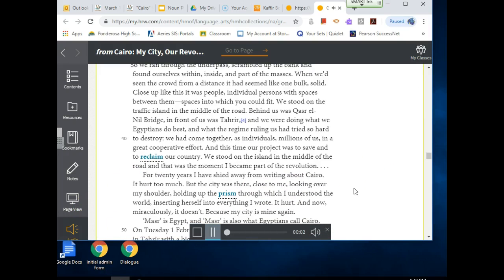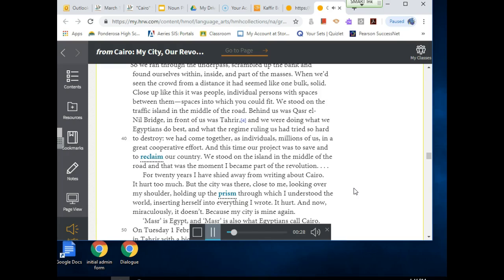So we ran through the underpass, scrambled up the bank, and found ourselves within, inside, and part of the masses. When we'd seen the crowd from a distance, it had seemed like one bulk, solid. Close up like this, it was people, individual persons with spaces between them, spaces into which you could fit. We stood on the traffic island in the middle of the road.